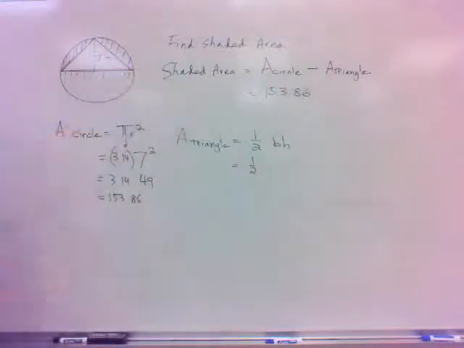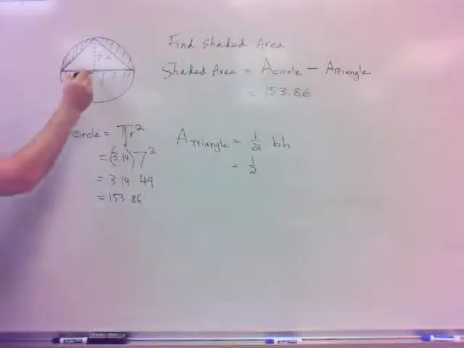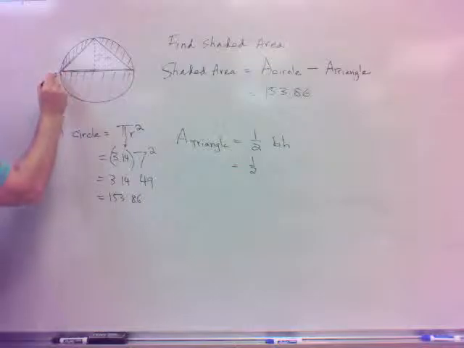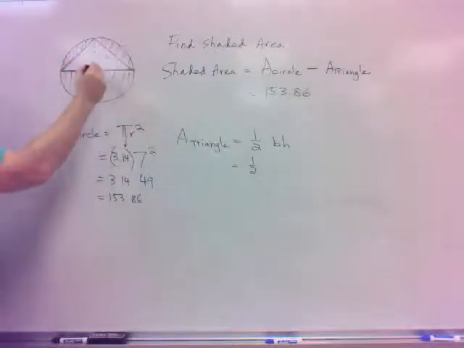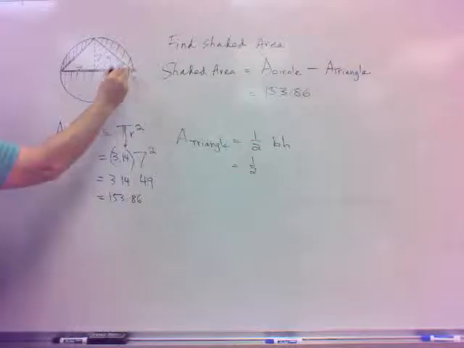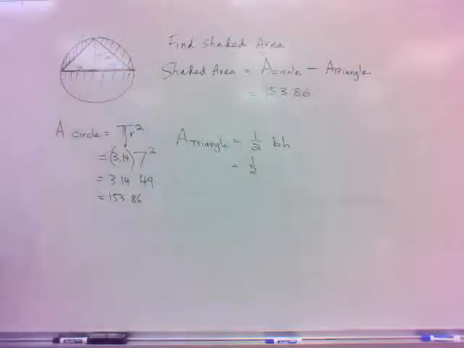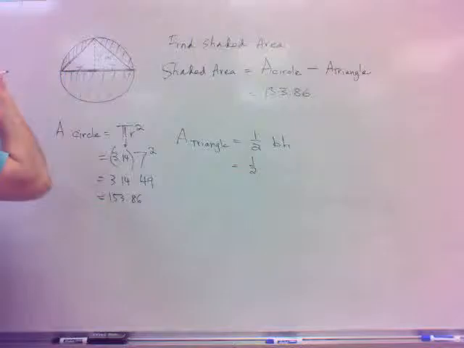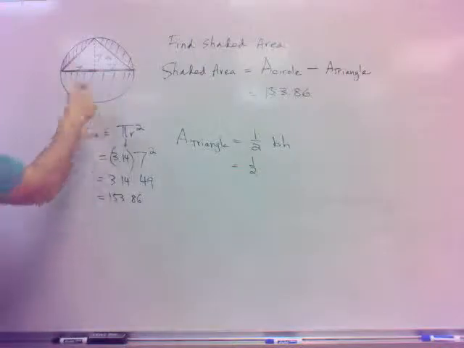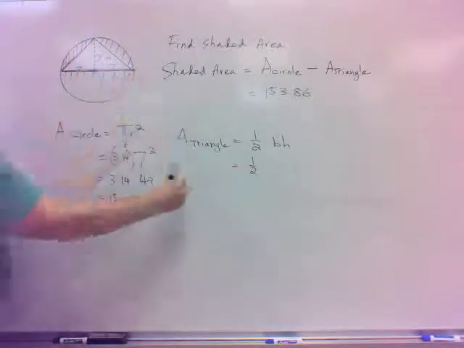All the way across. Do we know that? It's not given. However, doesn't the radius have to be the same? Isn't that a radius? Doesn't that have to be 7? Yeah. The radius has to be the same all the way around for a circle. So if we consider those two the radius, which they are, I've got a 7. That's 14, isn't it? Across for the base.